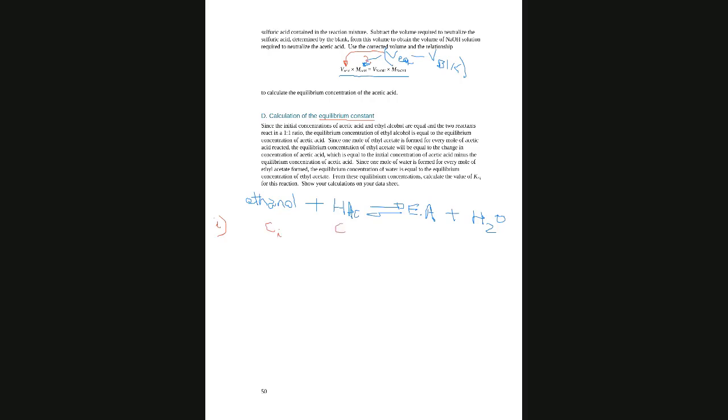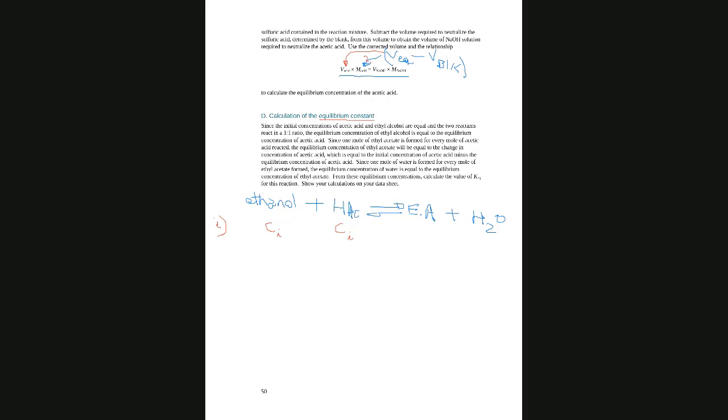Because we add the same number of moles, we know this concentration of both because we did the initial titration. So this Ci is known. I know the initial concentration of acetic acid, and because I mix the same number of moles, I have Ci on both sides. And then what happens?